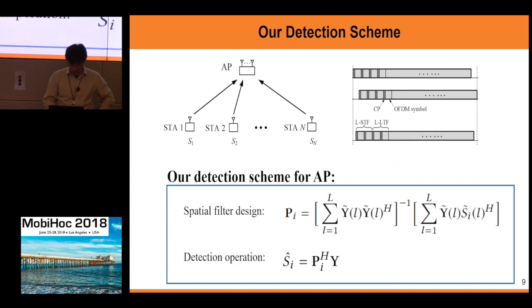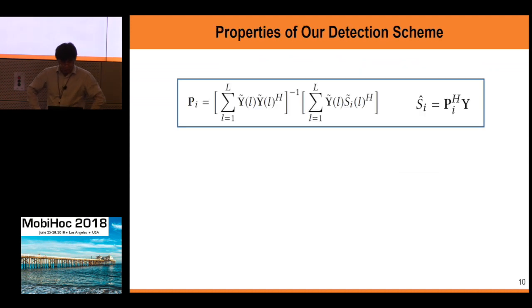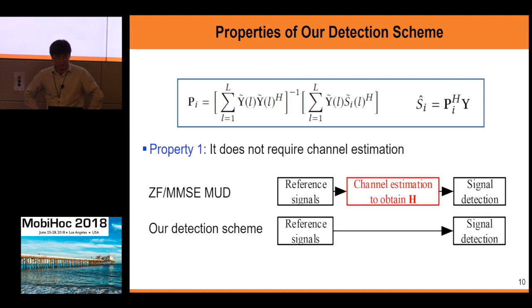So that's pretty straightforward. Let's look at some properties of this detection scheme. We have some nice properties. First, this detection scheme does not require channel estimation.